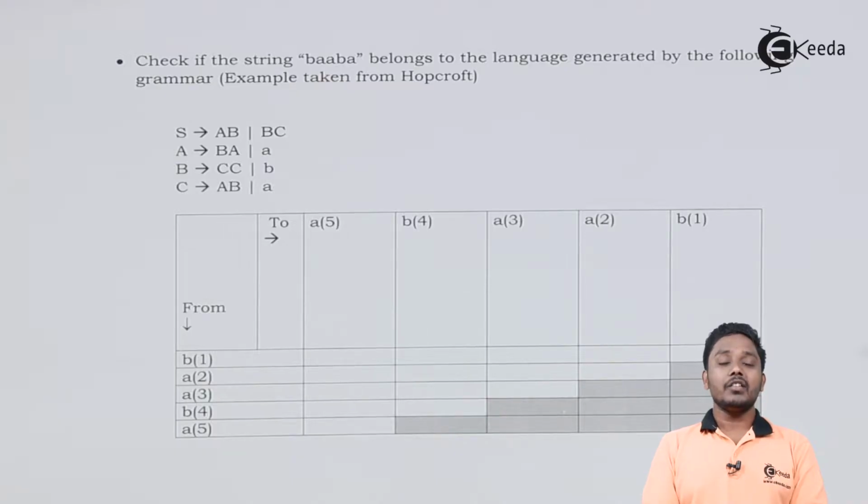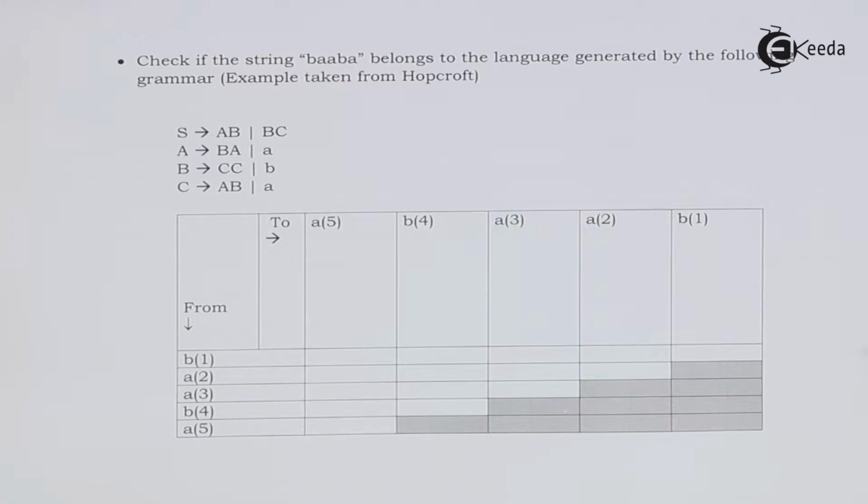Now, let us discuss some examples in which under the given grammar, we have to parse the given string using the CYK algorithm. We know that the complexity of the CYK algorithm is order of W cube, where W is the length of the string. Before using the CYK algorithm, we know that the grammar has to be converted into CNF, that is Chomsky normal form.